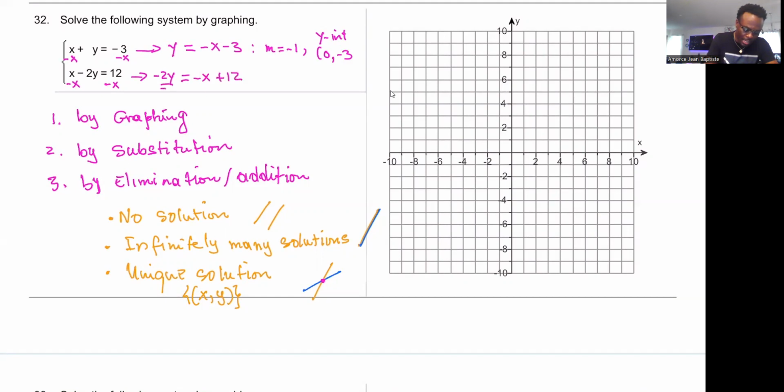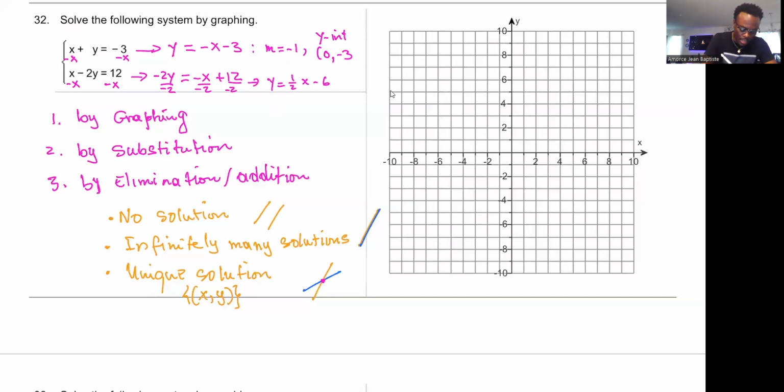For the other, if I subtract x on both sides, I would have -2y equals -x plus 12. If I divide by -2, then I have y equals 1/2 x minus 6.